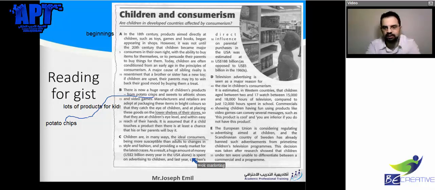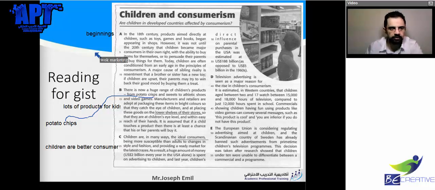So we're talking also about some money here. Television ads, so here maybe we can say children are better consumers.